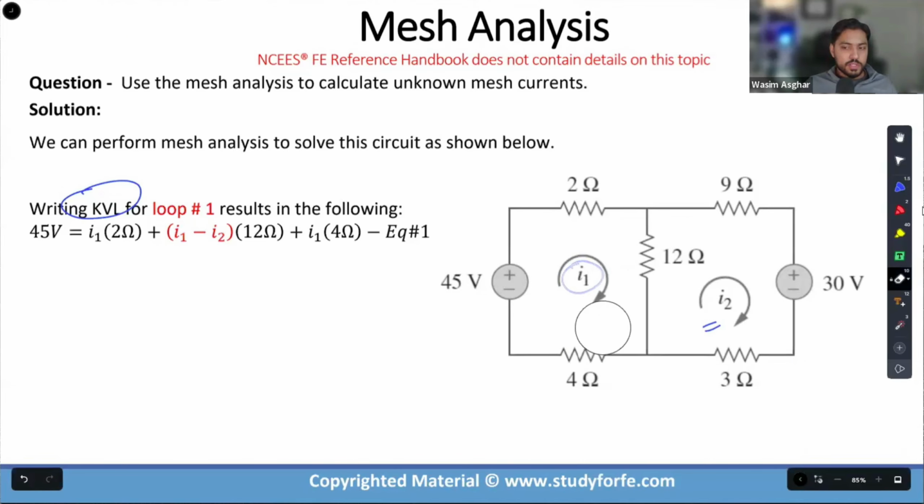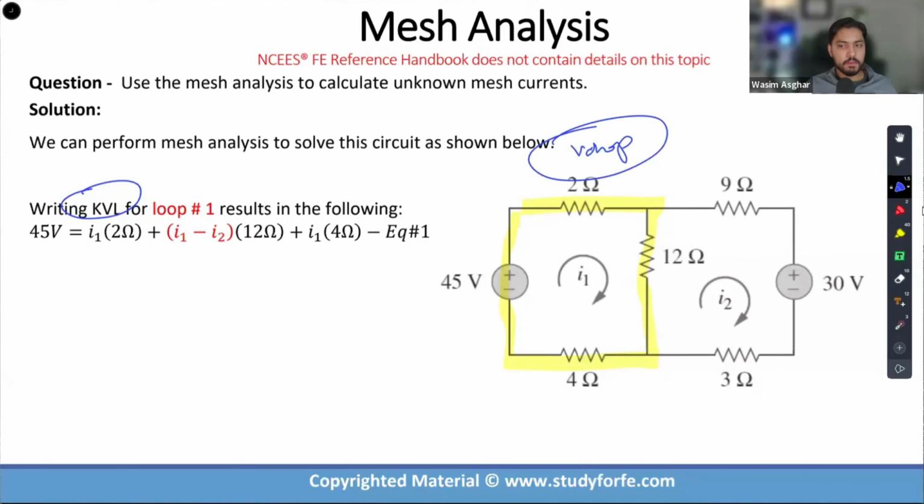There is a concept related to passive sign convention that comes into play when we are dealing with KVL. I1 is actually circulating through this loop. Whenever we encounter a resistor, there is only going to be a voltage drop. Resistors can never give you voltage gain.